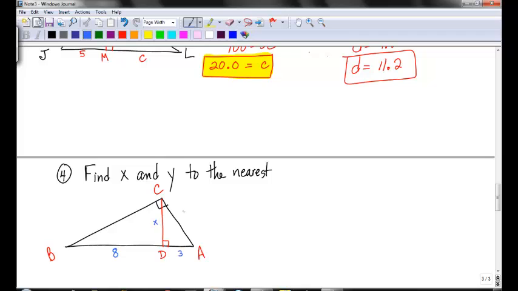This is X. And this is Y. Okay, what's X equal? Quick, what's X? Right, square root of 8 times 3. So square root of 24 to the nearest tenth, what is it? 4.9. Good.